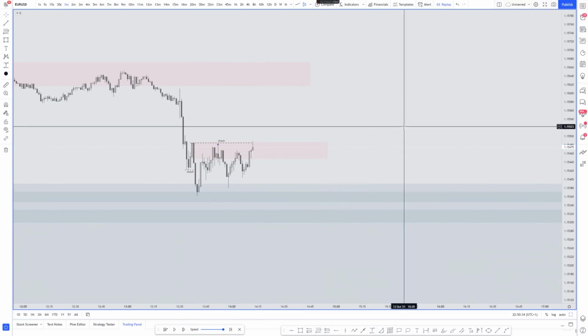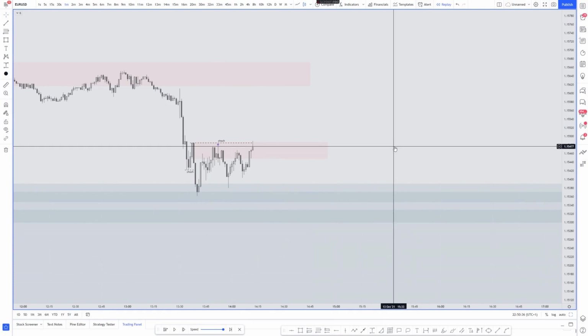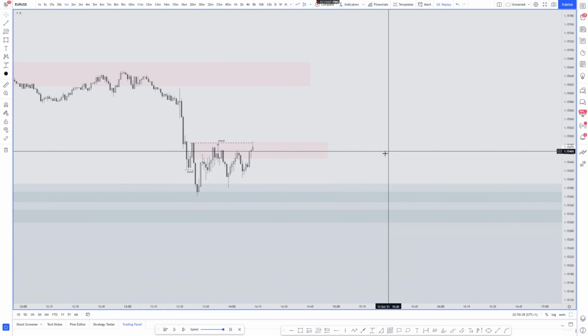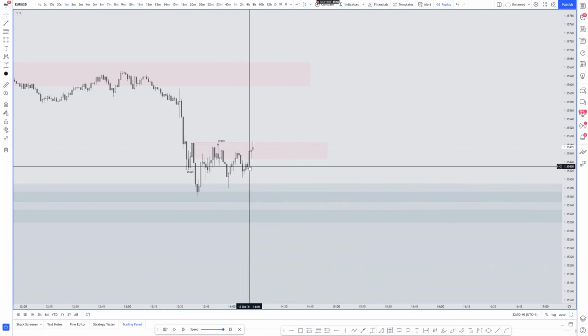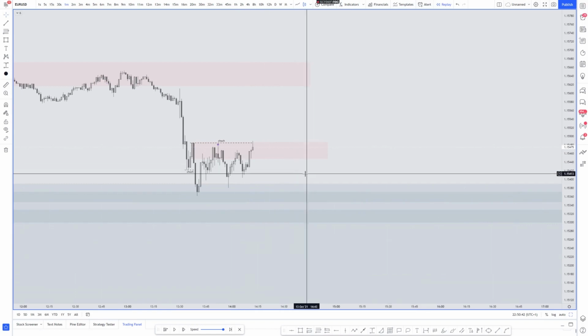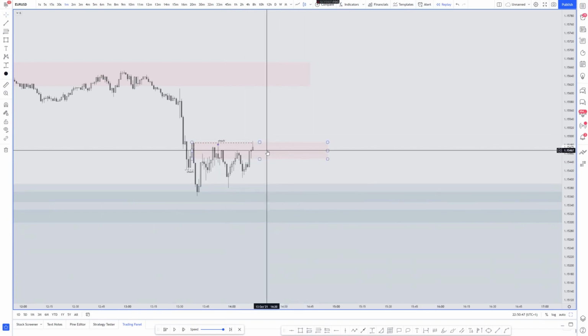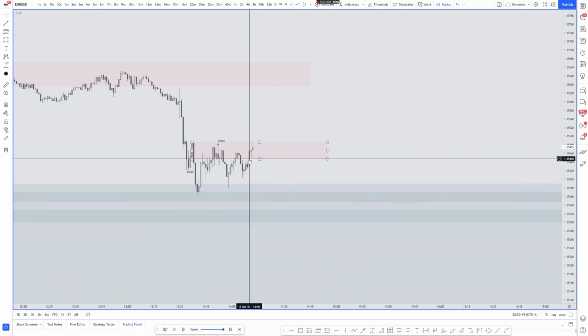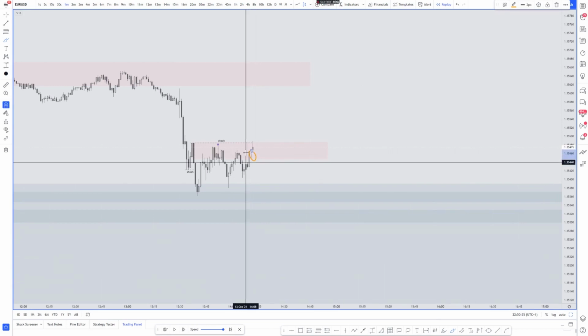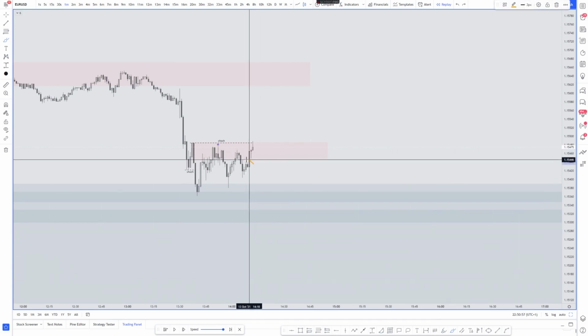Now, you have a couple of ways of looking at this too. What took out the reaction point? Well, if you remember what I said earlier, there is always shit in wicks. So this would make this a valid area for me to trade from. With that in mind, I also know that it could come to the extreme.